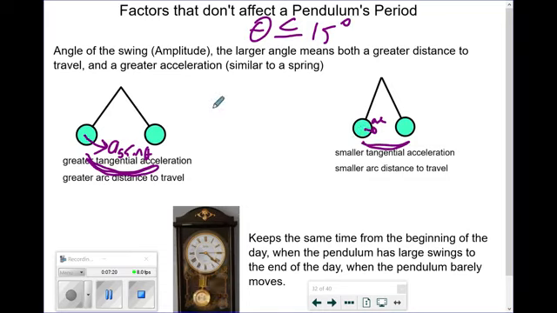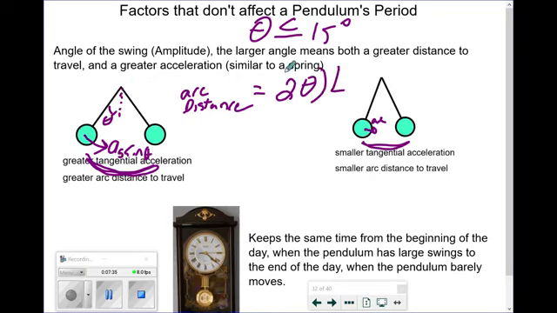And that's because the arc distance is equal to 2 times the theta that I pulled the pendulum back at, times the length of the pendulum. Well, you might be thinking to yourself, I thought S equaled theta r, and S was my arc distance, and theta was my angle.